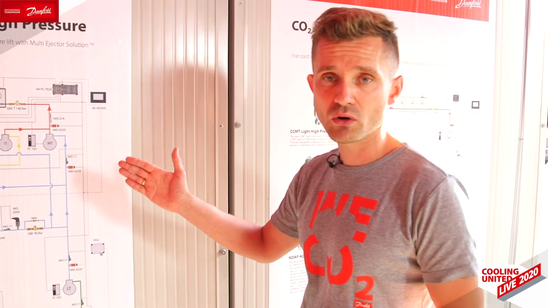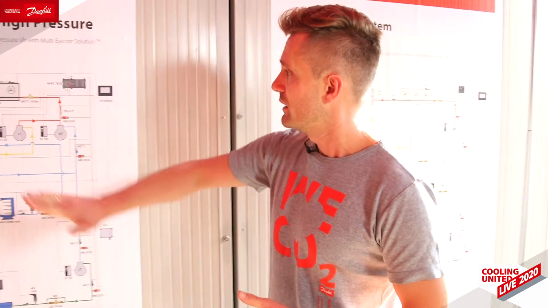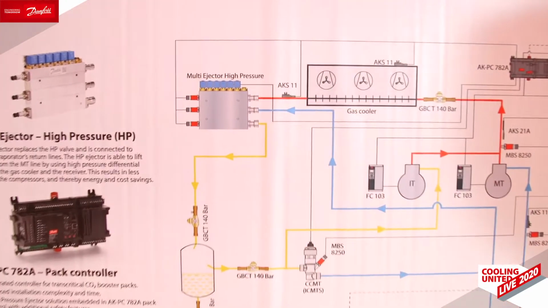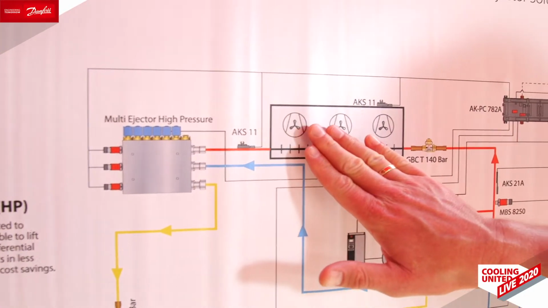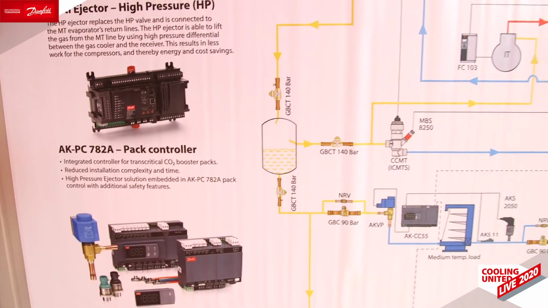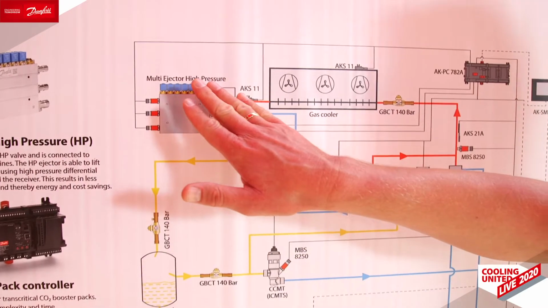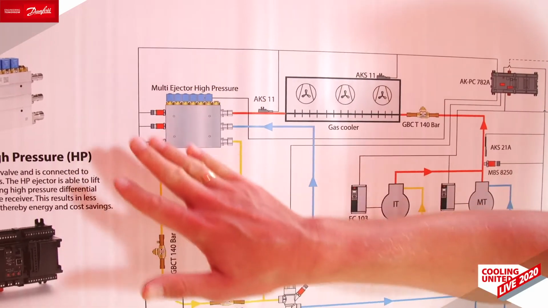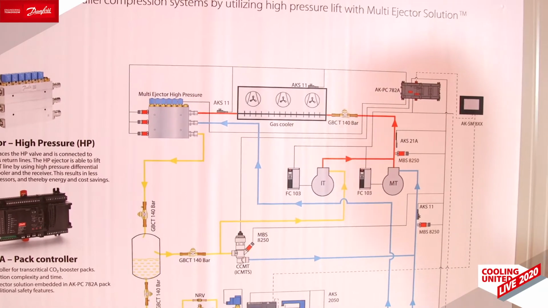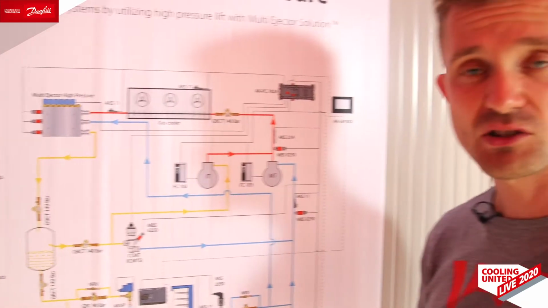Let's have a closer look at the poster. The CTM multi-ejector is located here, between the gas cooler and the receiver. One of the things you can immediately notice is that there is no high pressure valve. The multi-ejector takes over its functionality and it gives much more.